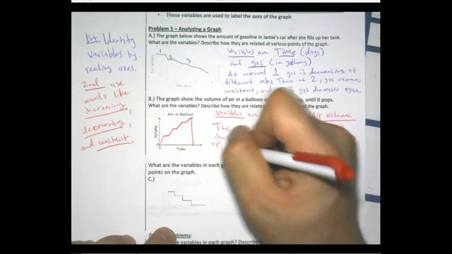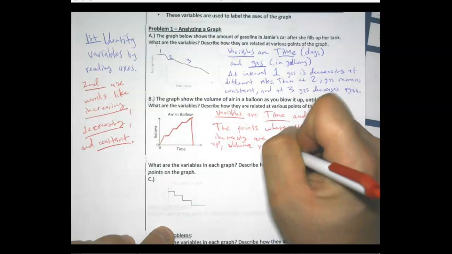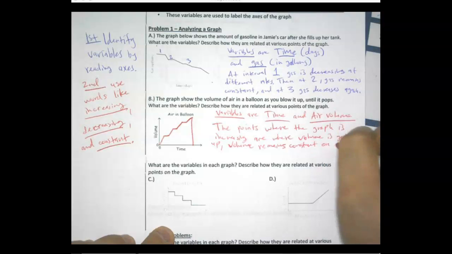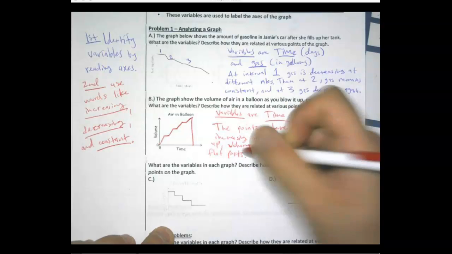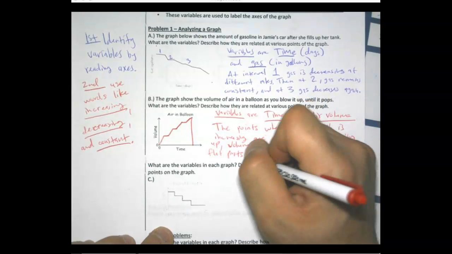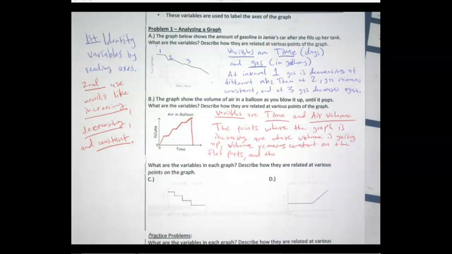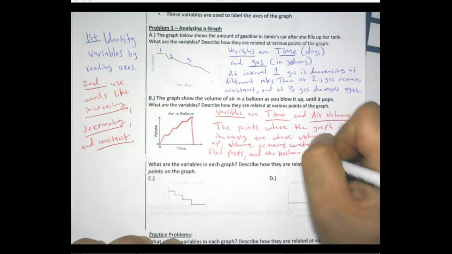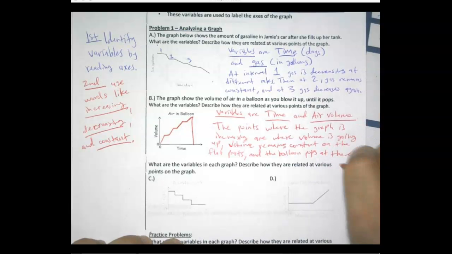Volume is going up, volume remains constant on the flat parts, and the balloon pops. Volume goes down to 0 right at the end. Balloon pops at the end. Volume equals 0 at that point. V equals 0.